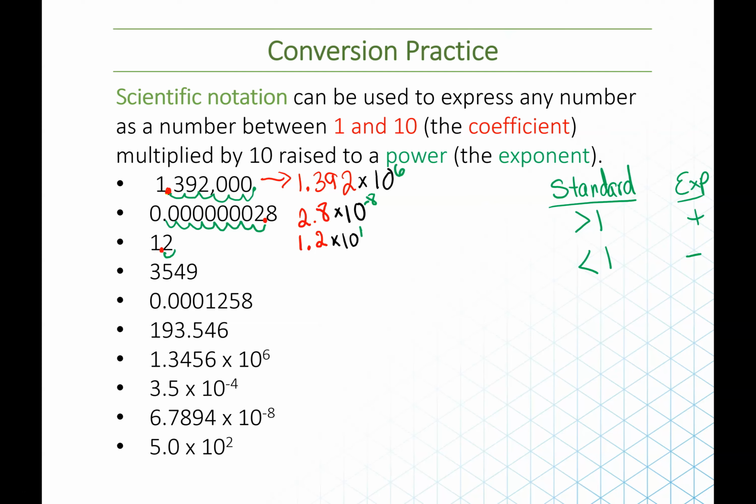But I'm going to go over the next 3, converting from scientific notation to standard notation. So we're going to go through these examples right here. We have 1.3456 times 10 to the 6th. We already have our exponent, but our exponent is positive, which means that our number is going to end up being greater than 1, which means we're going to move the decimal point in this direction to make a number bigger than 1.